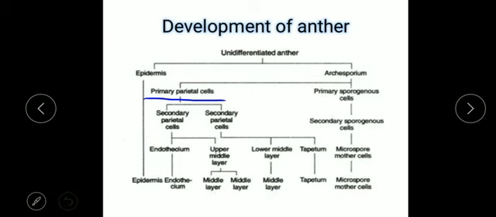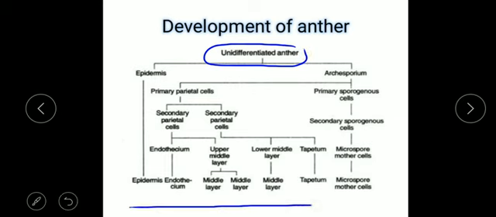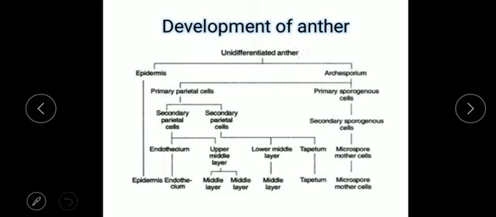In this way you can see how the undifferentiated anther part forms a complex anther, including all the layers and the microspore mother cell. I hope you understand from this flowchart how exactly the formation of anther takes place.